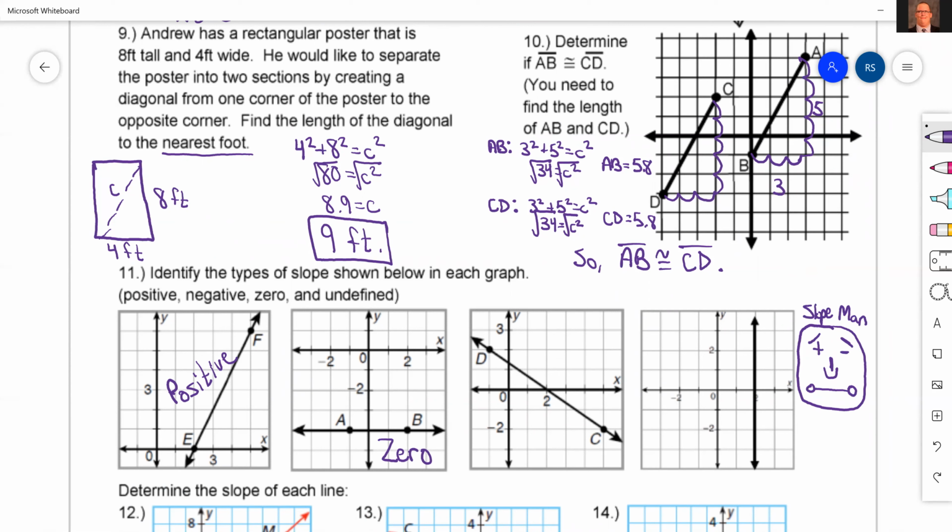For CD, we're going down left to right. So this one has a negative slope. And then for the last one, it's a vertical line which has an undefined slope.